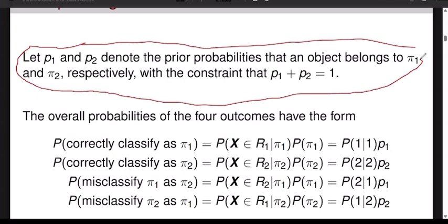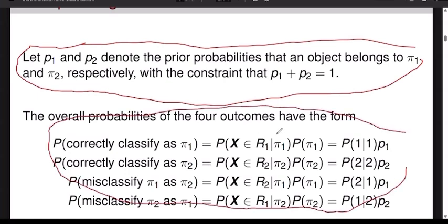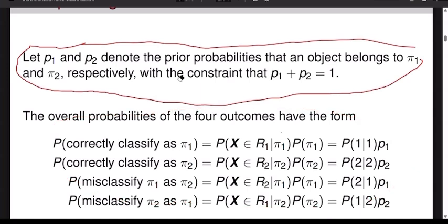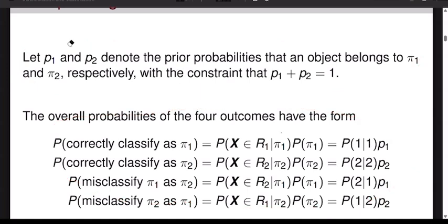If you take a look at what we're doing here, we are multiplying. Please pay attention. This is more or less like having a likelihood. Why do I call that likelihood? Because that involves predictor X. The first one is saying, when I've seen predictor X, I classify that into group one.